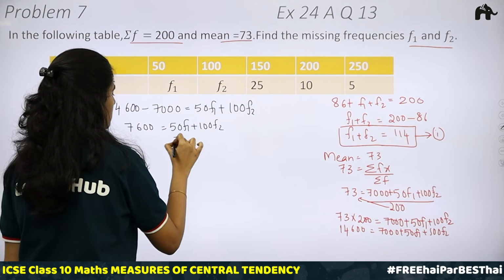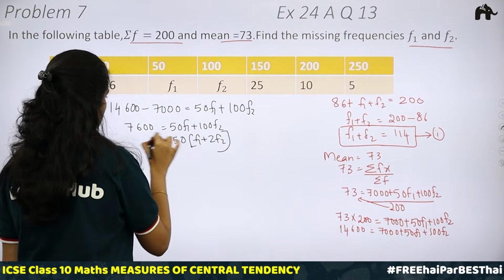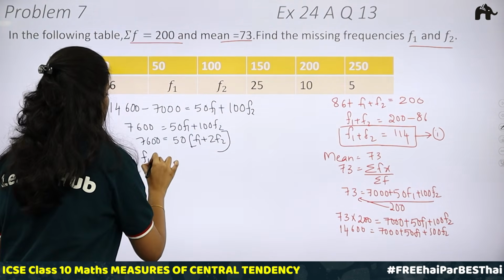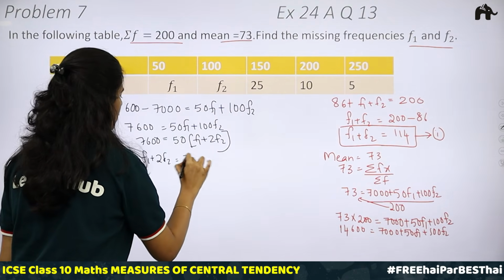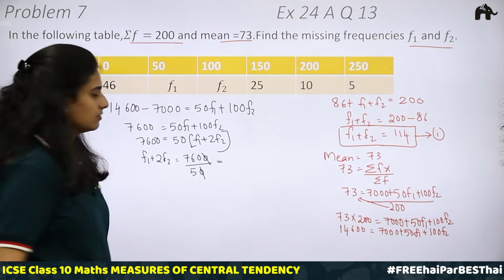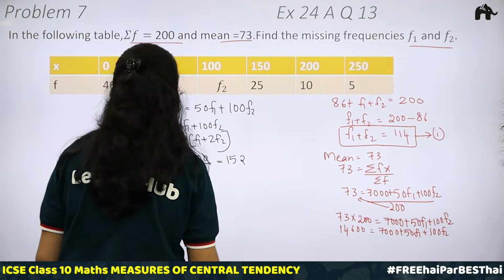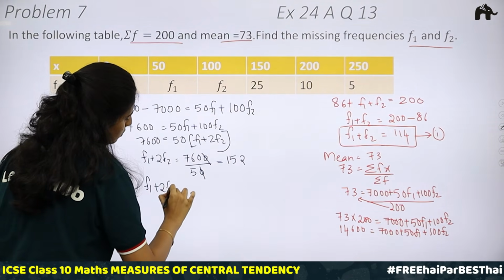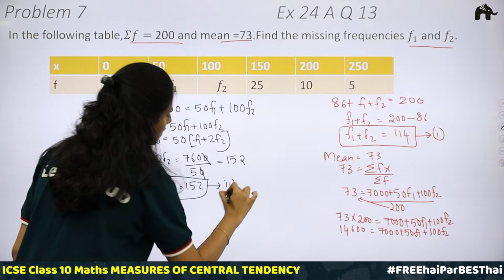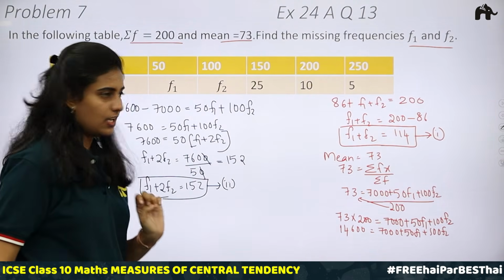So taking 50 out, we get f1 plus 2 f2 is equal to 7,600 divided by 50. What do we get? We'll be getting 152. So f1 plus 2 f2 is equal to 152. So this is our equation number 2. We have equation 1 and equation 2. Comparing this, we can find the values of f1 and f2.